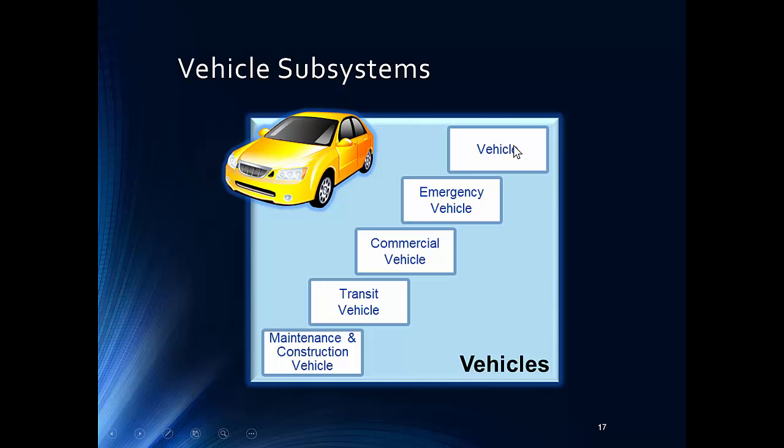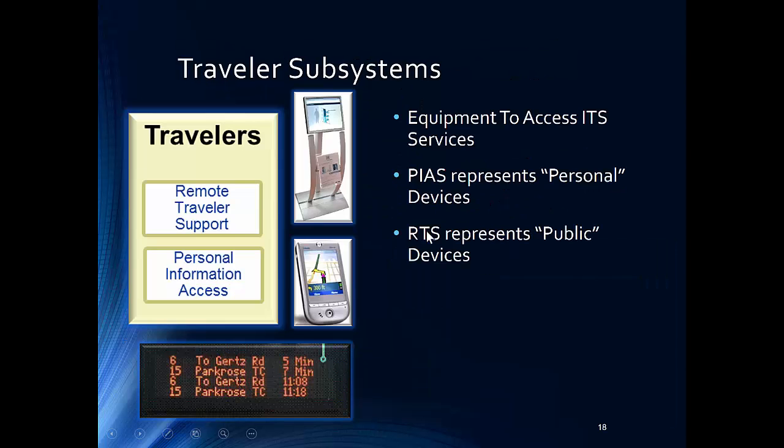So these could be a personal vehicle on to more specialized vehicles operated by agencies. Traveler subsystems, as a traveler I'm using my smartphone, using the internet with a computer, kiosks, all these sorts of things. It could be a variable message sign, the way that I interact with the system.